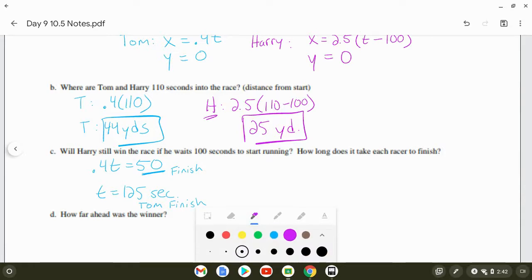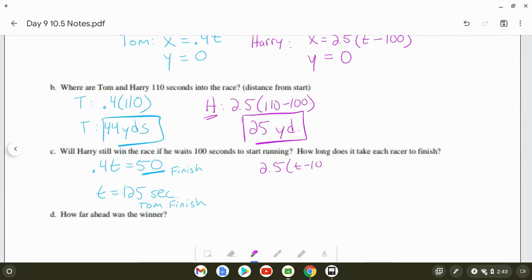Whereas Harry, if you set it equal to 50, because that's the distance it takes to finish, when we solve for that, you get t minus 100 equals 20. So that would take him 120 seconds to finish the race. So yes, Harry would win.